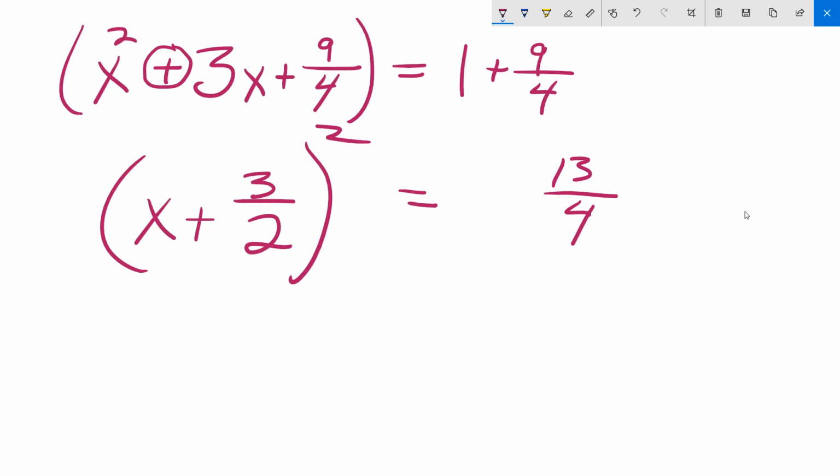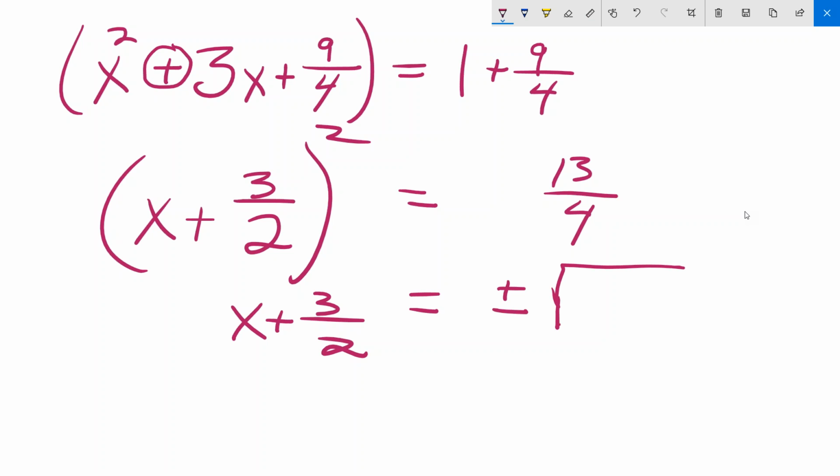You do the square root on both sides. So it'd be x plus 3 over 2 equals plus or minus square root 13/4. Can you simplify what's on the right side at all?